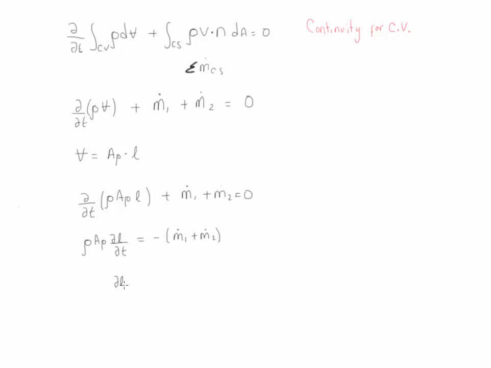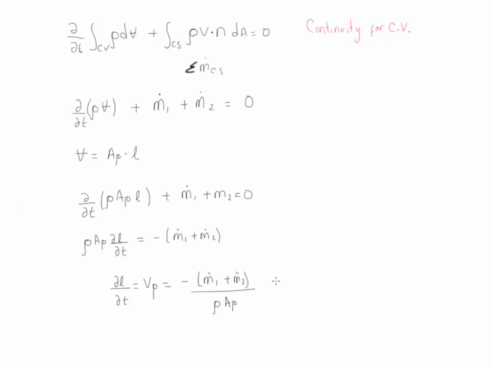Therefore, dL/dt, which is the velocity of the plunger, is going to be negative m1 plus m2 divided by rho AP. Notice that for this particular case, the change of L as a function of time is negative, because the value of L reduces as a function of time.